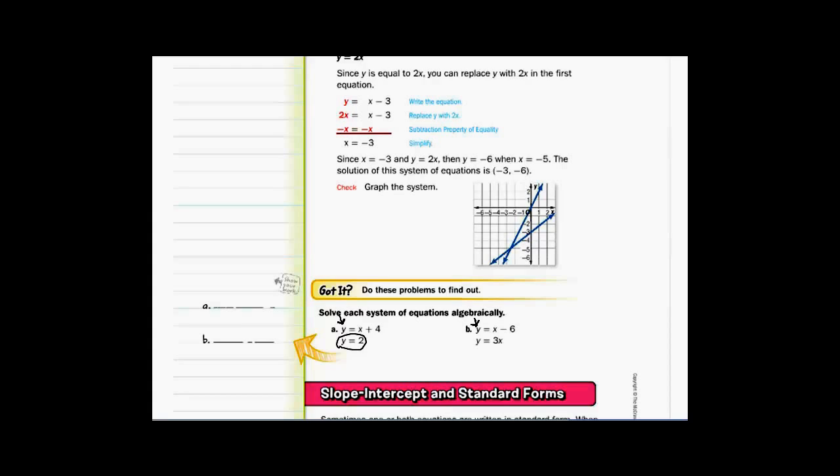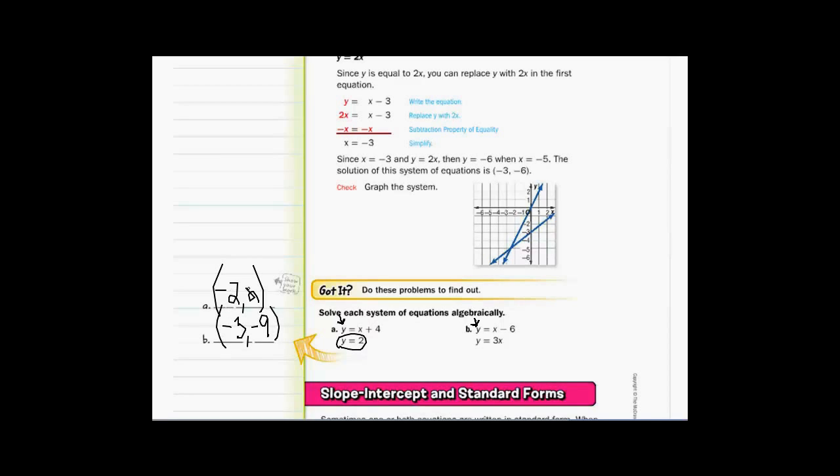Your answers for A is the point negative 2, 2. And B, negative 3, negative 9. Now, there is an easy way to check this.